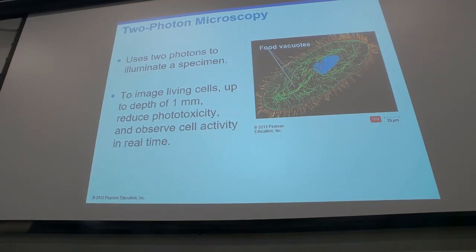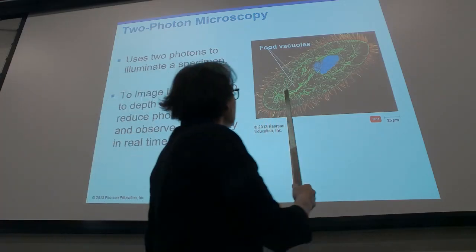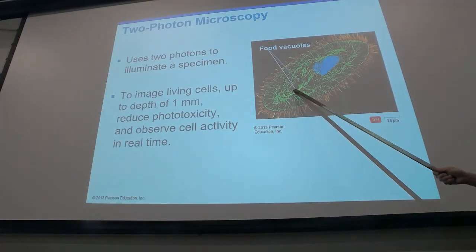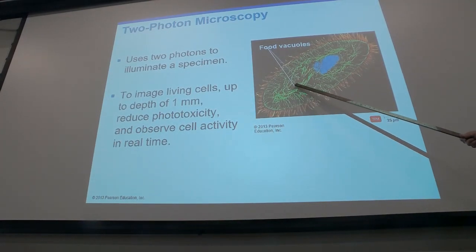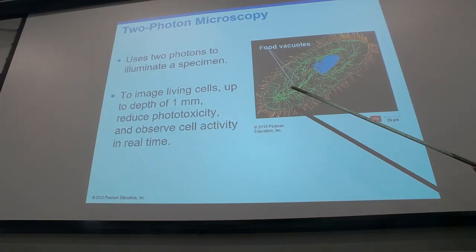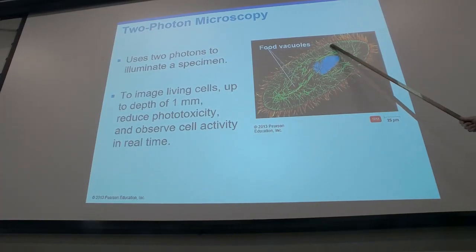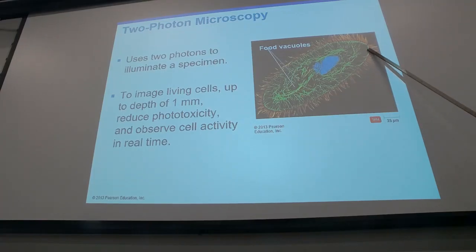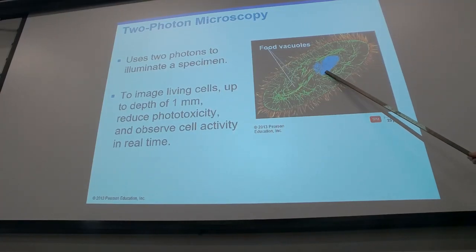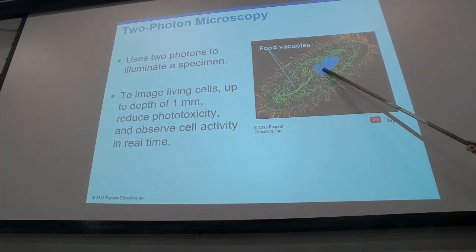Like in this case, this paramecium can be seen processing food. So these are food vacuoles, like little pouches with food. And then these are the cytoskeletal proteins. This is the pili. And what is this? That's the nucleus.